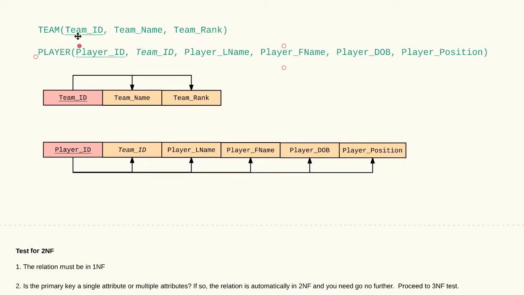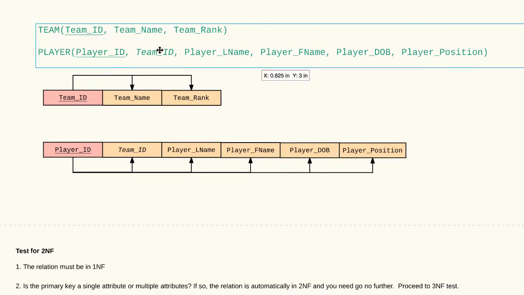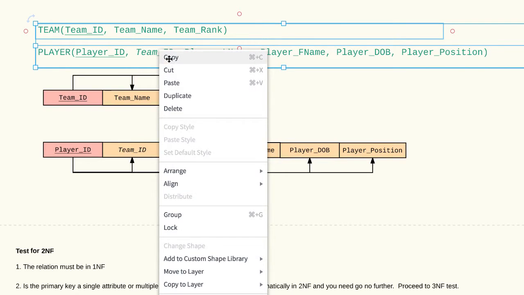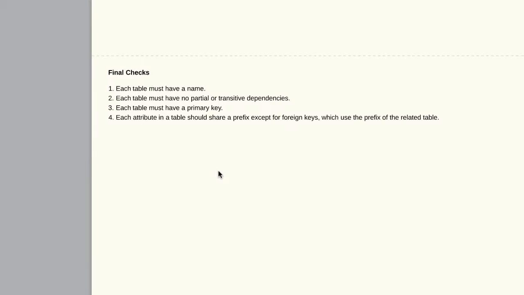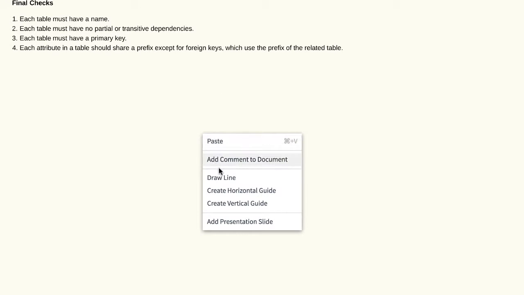So at this point, I have my two relations set up here. As you can see, I'm going to take these and copy them, and I'm going to come down to the bottom and look at my final checklist here.